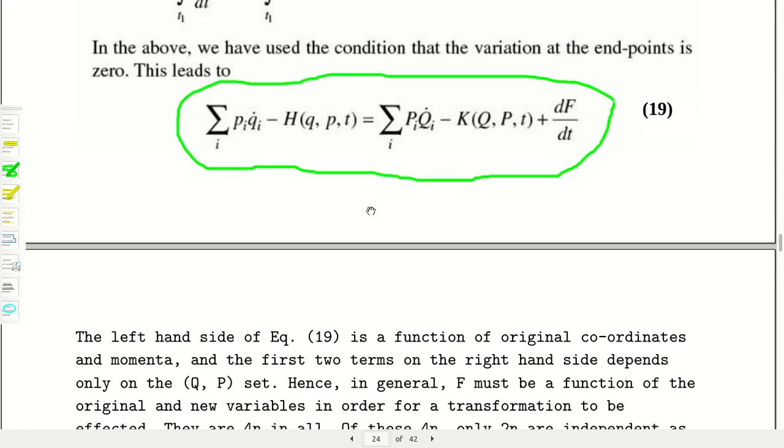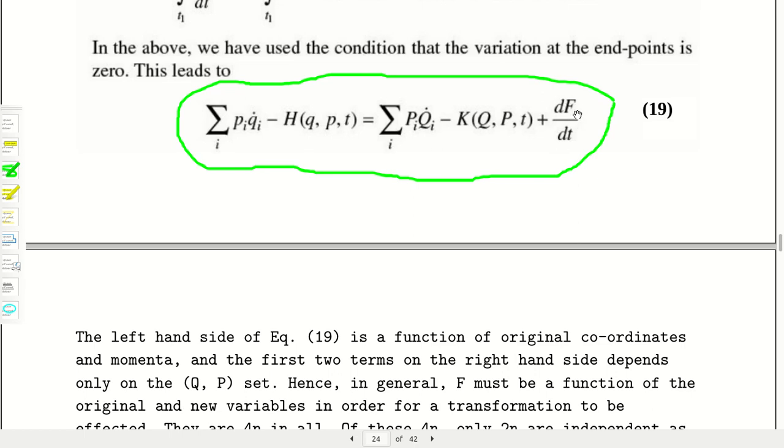Now the first impression that comes in your mind about the function F is that it is a general function of 4n variables, because there are n number of small q, n number of small p, n number of capital Q, n number of capital P. So there are 4n variables in this equation, in both left hand side and right hand side.